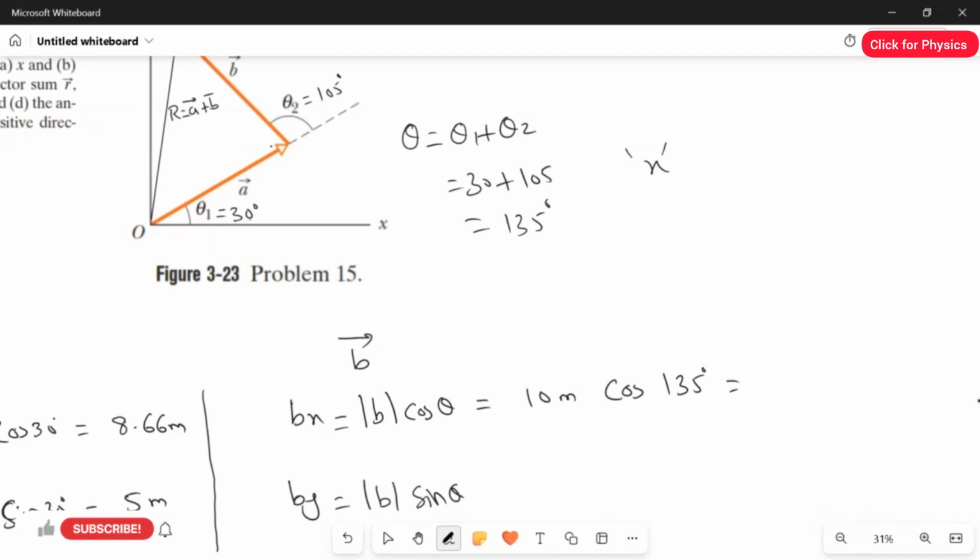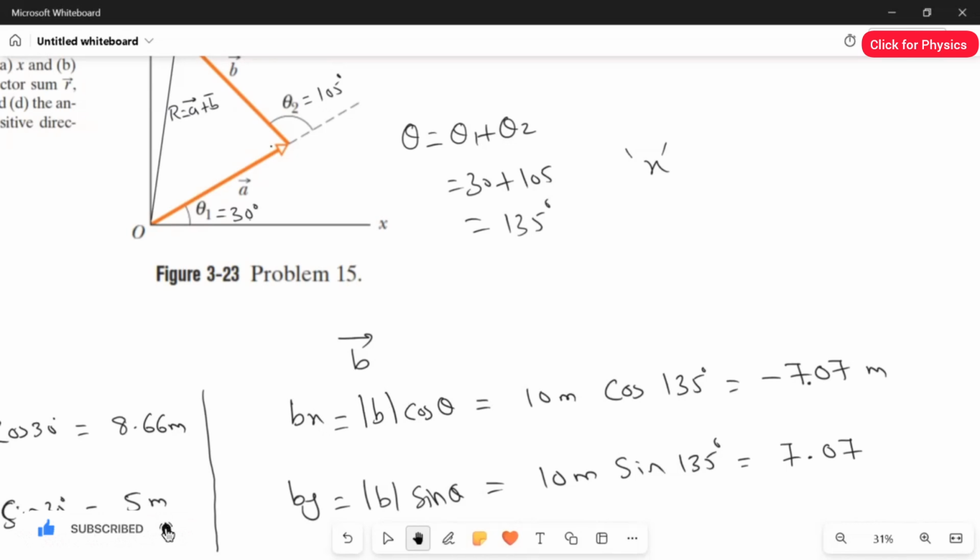So when I use 135 degree, I got the answer here as minus 7.07 meter. Likewise here, 10 meter of sine of 135 degree, I got the answer here as 7.07. Clear?